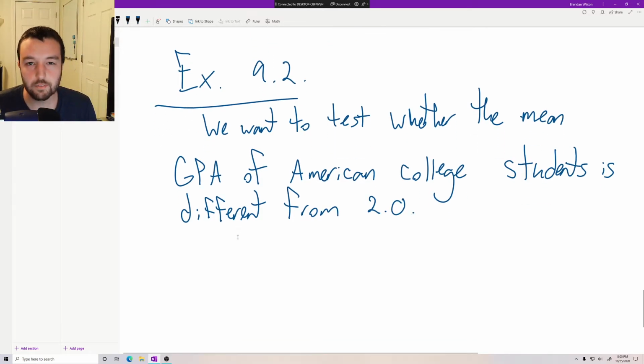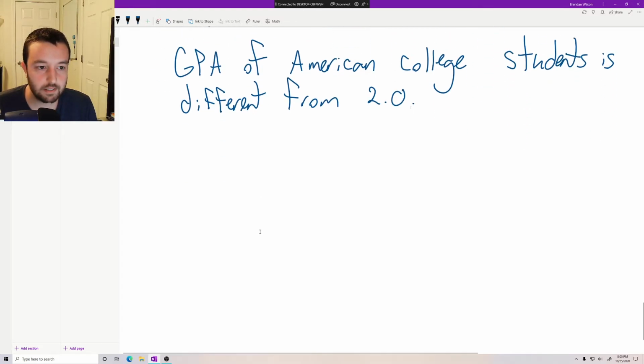Okay. It's kind of a weird way of wording it. But it's essentially saying the same thing as we want to test whether the mean GPA of American college students is 2.0. It's stating this like how we would state the null hypothesis.